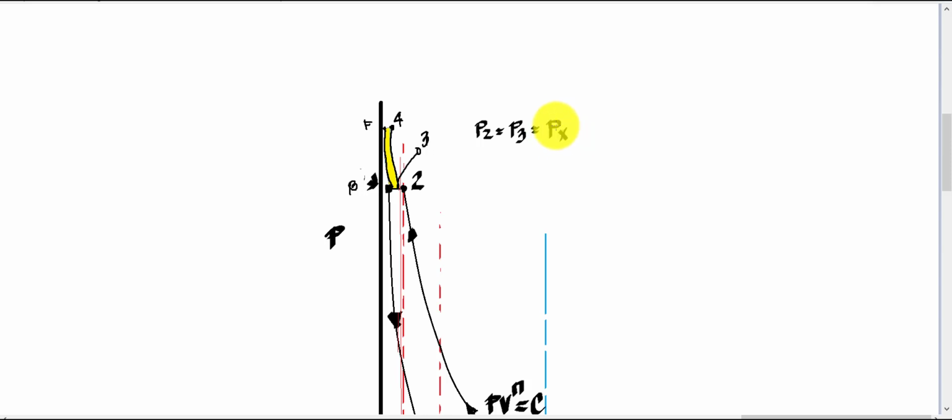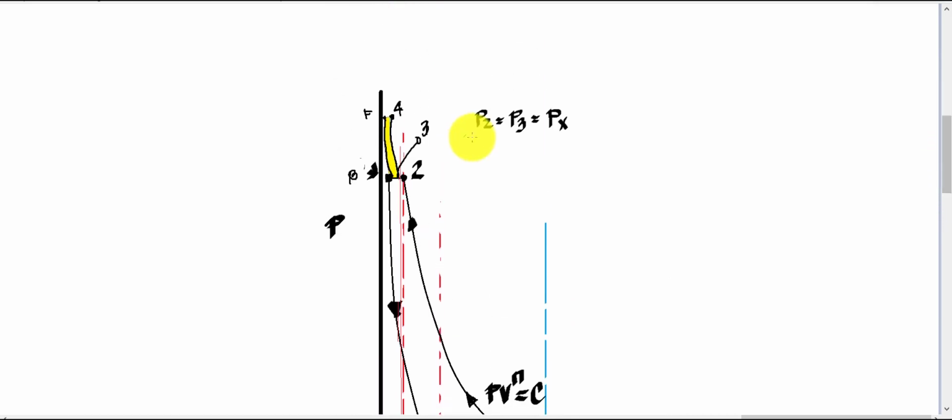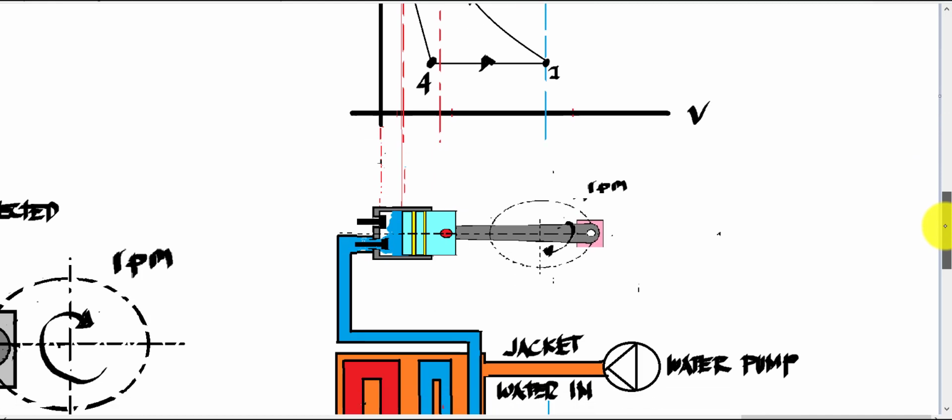So we have the work at the low stage, and also our temperature 1. Our T1 will be equal now to your T3 since we have an intercooling here.